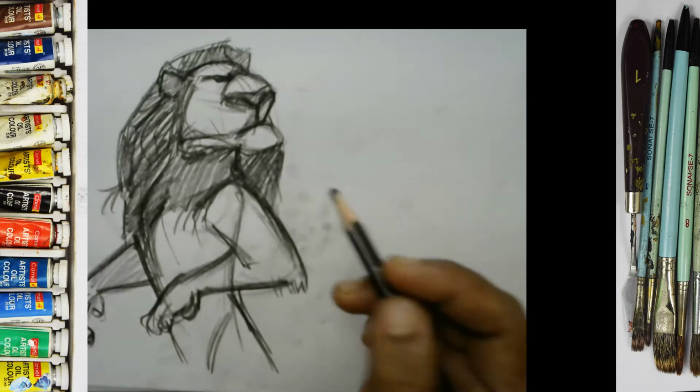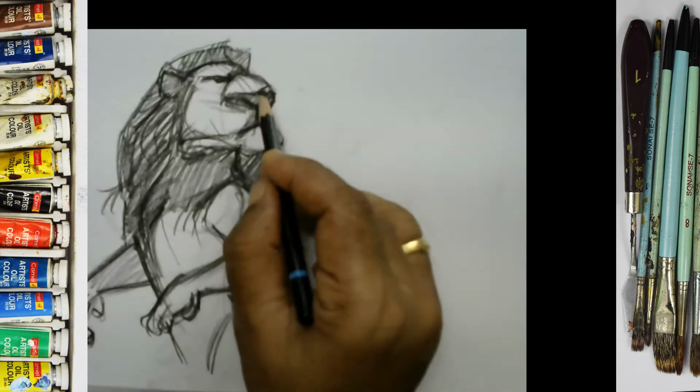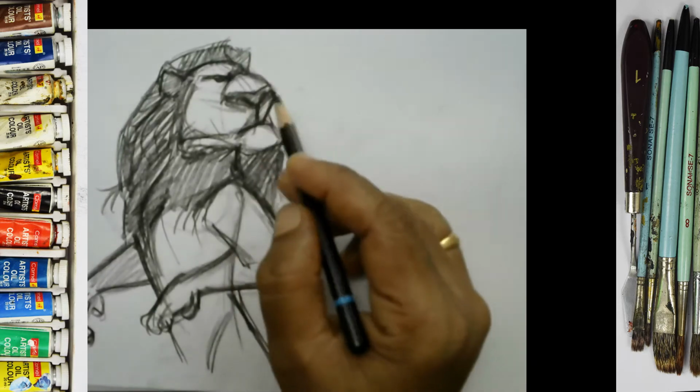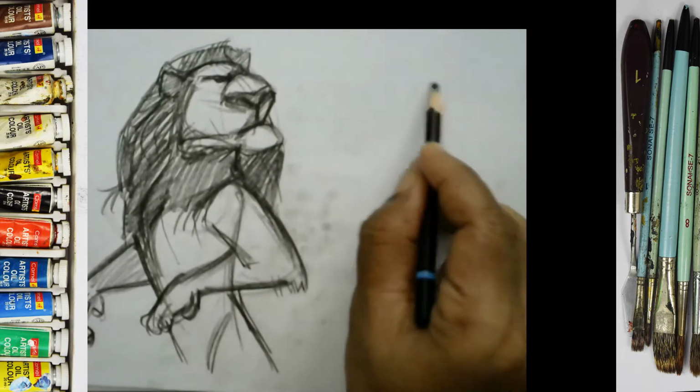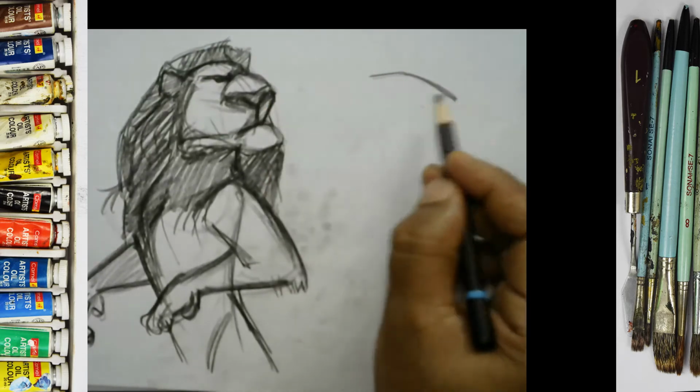Okay. If I make it clear, but here, how to draw their nose, this part.